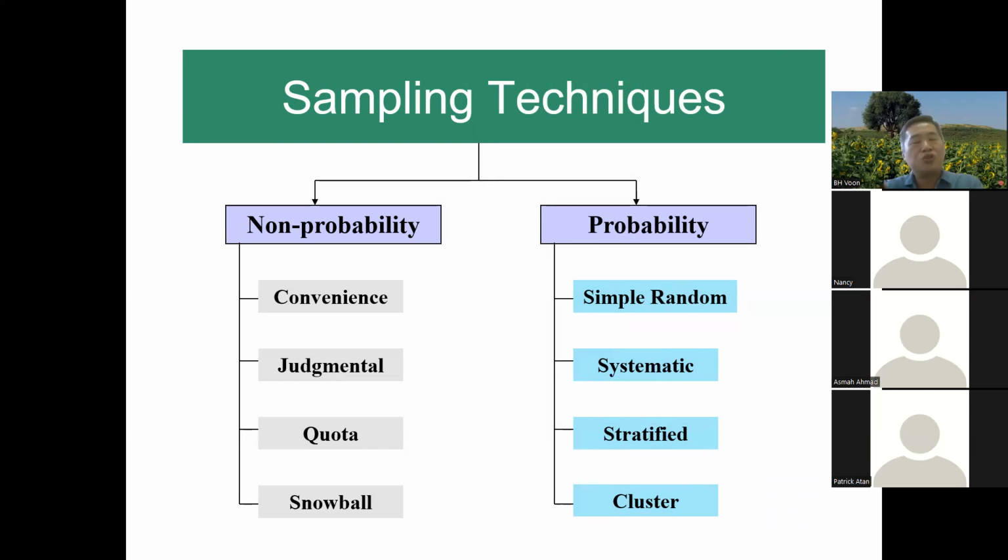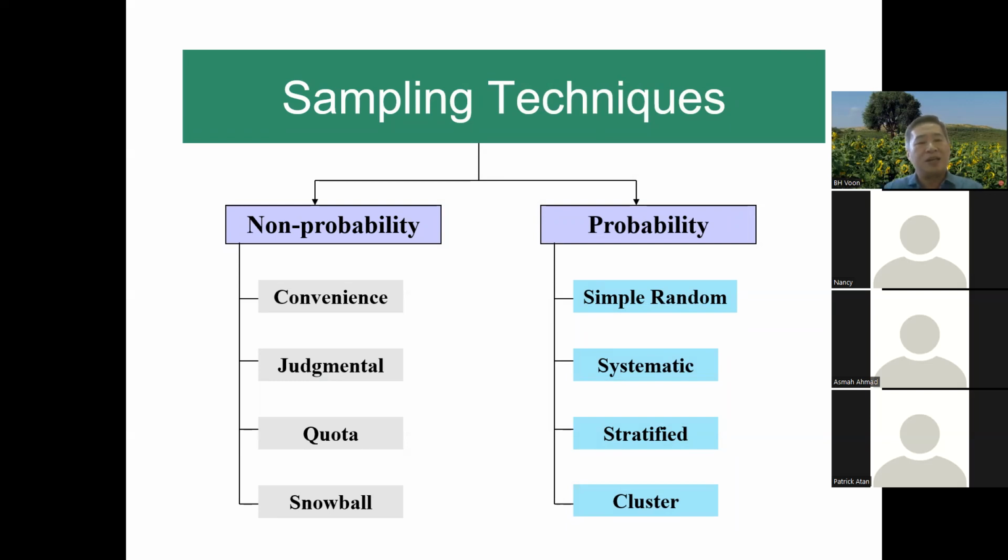Or you can use quota. Based on this population and these characteristics, you set a quota, how many percent will be chosen from this group of people, to meet the quota. And you can use the snowball sampling technique, whereby you use a referral process. As you interview a few, you ask them to recommend some more for you to interview.